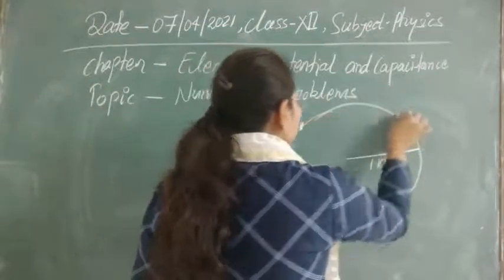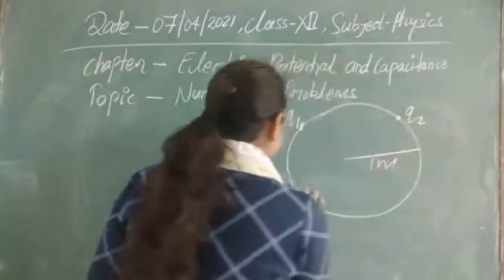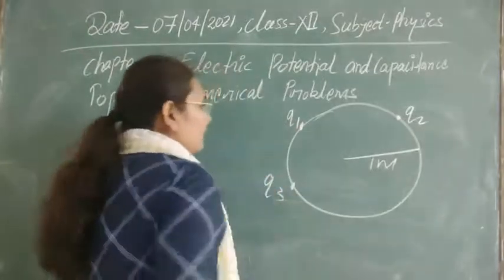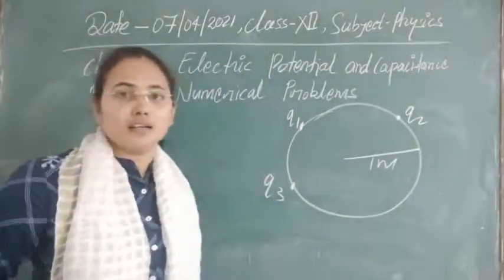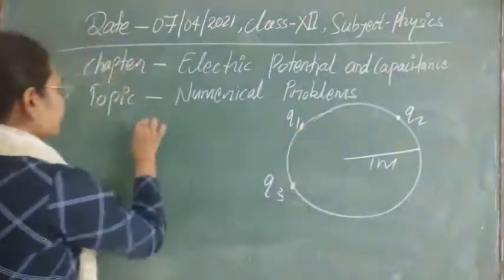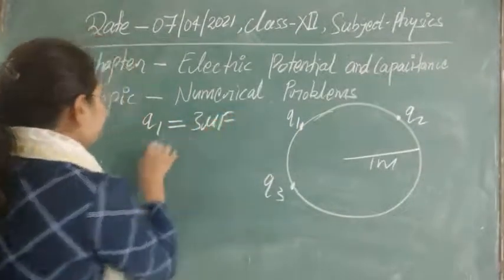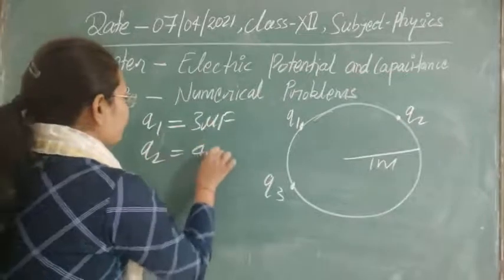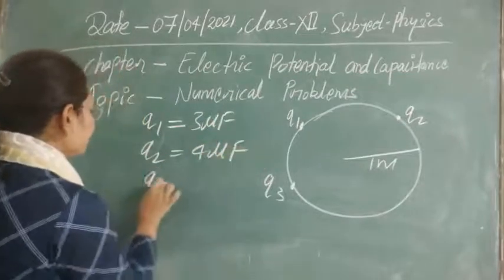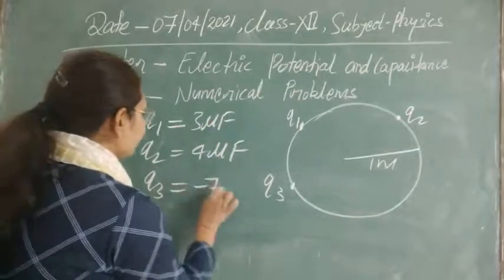Suppose this is charge Q1, this is charge Q2, this is charge Q3, on the circumference of this circle, and the values are Q1 is equal to 3 microfarad, Q2 is equal to 4 microfarad and Q3 is equal to minus 7 microfarad.